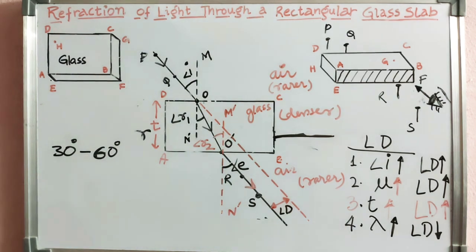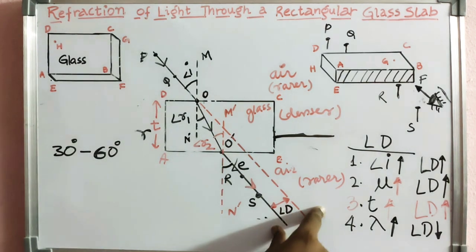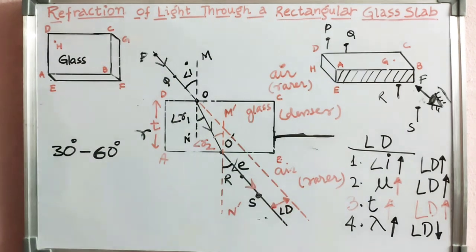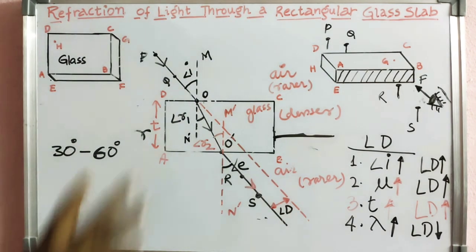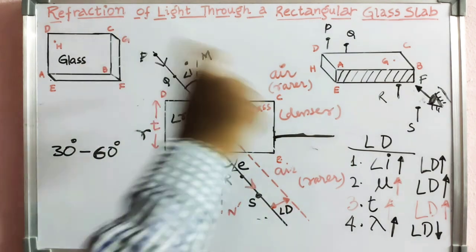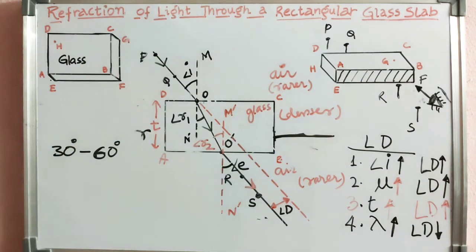Then there is no lateral displacement, but there comes the concept of angle of deviation. Lateral displacement is exclusive for a rectangular slab of any material.